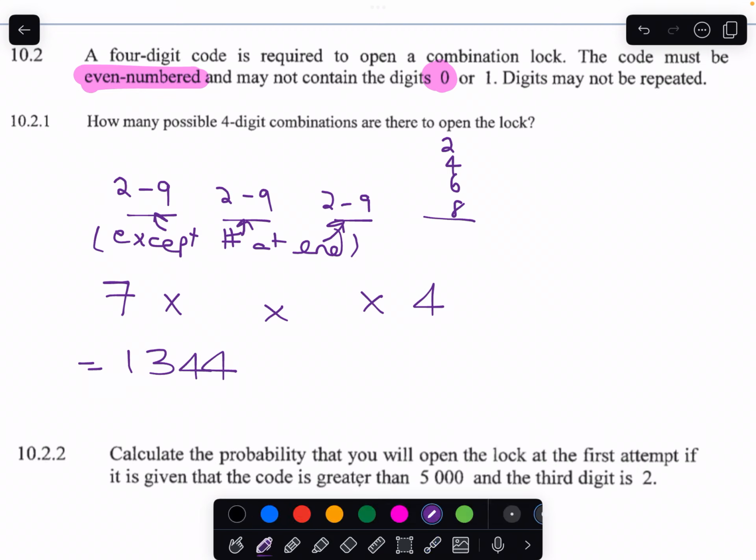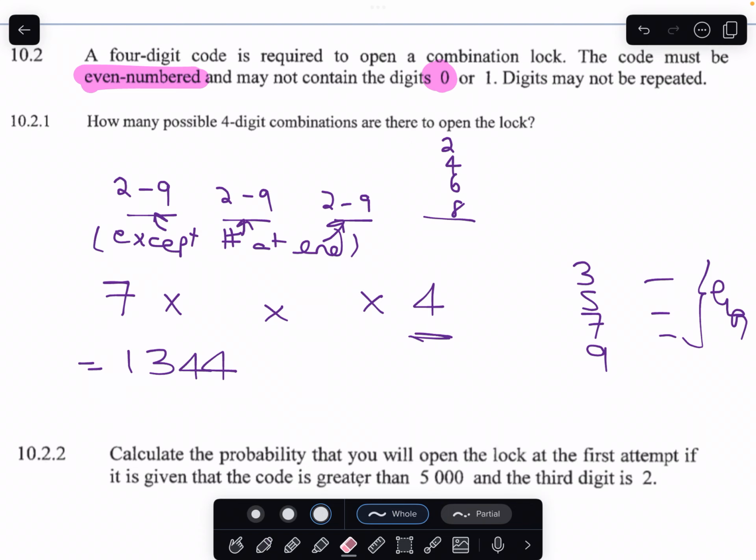It's going to be the odd numbers, 3, 5, 7, 9. And then depending on what number you use here, the other 3 will be available. So there will be 3 even numbers available to pick from, right? And then for the second slot, it will be 1 less from this pool. And then for the third slot, there's 2 numbers that have been taken out now. So only 5 are available to use. And for this last slot, you can choose from 2 to 8.